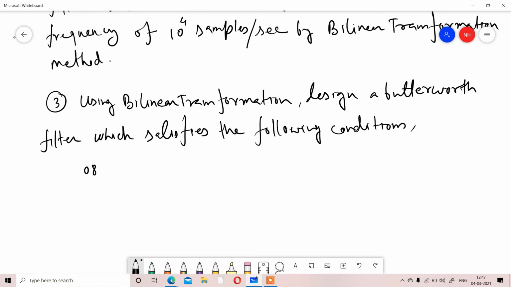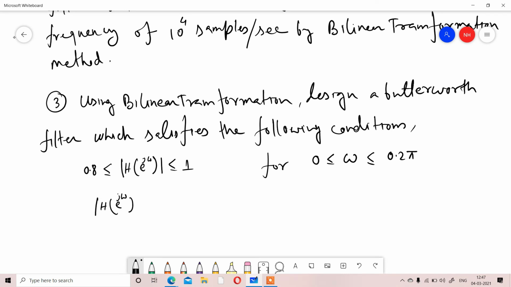Condition is that 0.8 less than or equal to |H(e to the power j omega)| less than or equal to 1, for 0 less than or equal to omega less than or equal to 0.2 pi, and |H(e to the power j omega)| is less than or equal to 0.2 for 0.6 pi less than or equal to omega less than or equal to pi. That is your third problem.